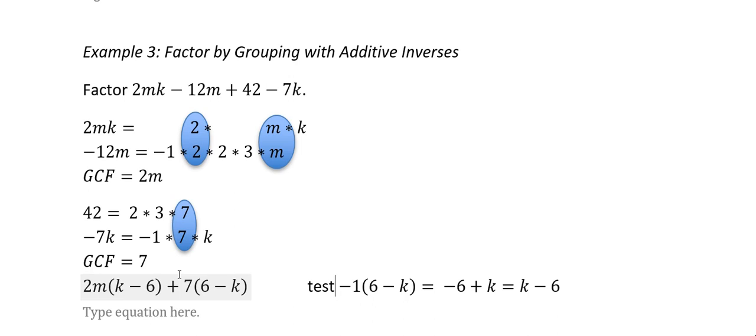We're going to move it from the 6 minus k to the 7. Okay, so we'll get 2m times k minus 6. That's still the same. We like the way that one looks. Plus 7 times negative 1.